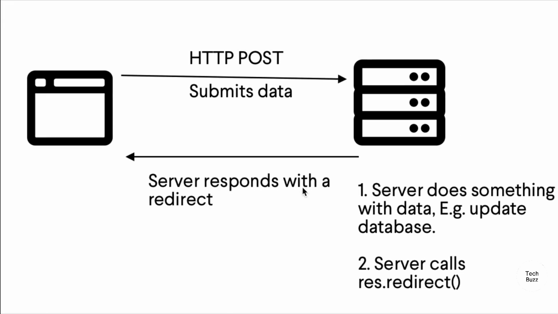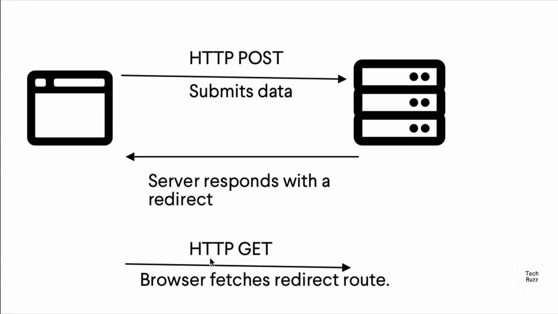So the server responds with a redirect after processing the data back to the browser, and finally the browser will do another HTTP GET request as a third step, fetching the route that it has been redirected to. Now, there are a few more HTTP methods, but this gives you the foundation for developing a rich web application. Now you know enough to develop routes, route handlers, and develop your application.